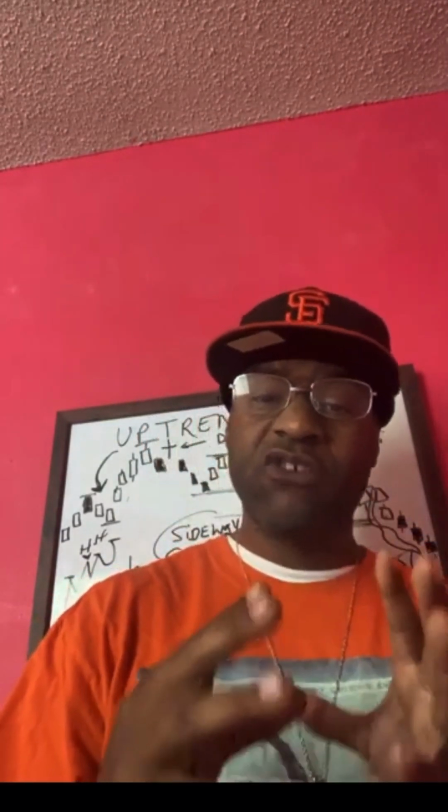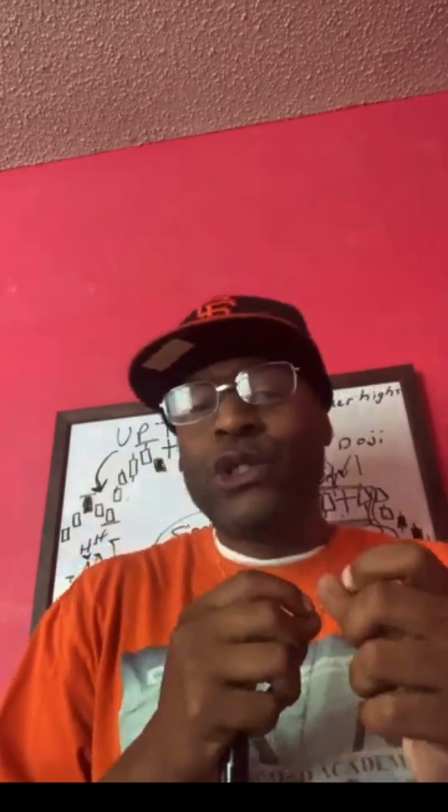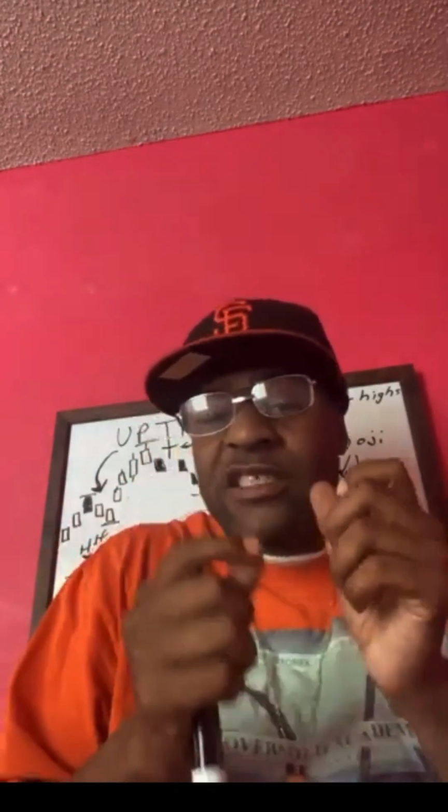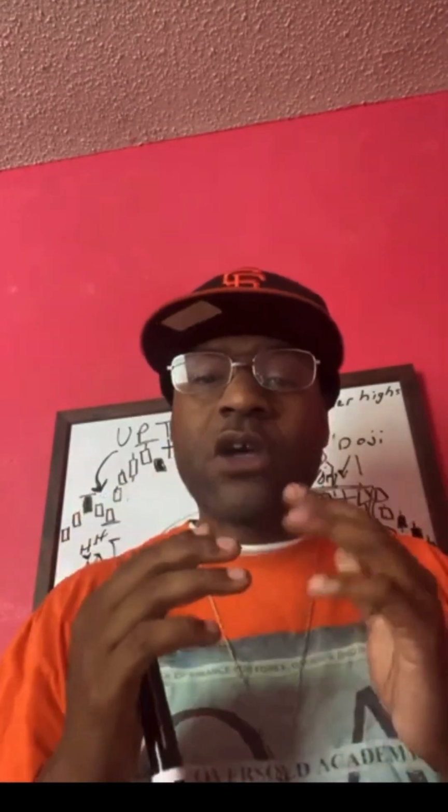On Wednesday, it closed at $60. You know what I mean? On Thursday, it closed at $55. On Friday, it closed again at $60. That's a consolidation phase, meaning the stock didn't do much. You with me? It didn't really go anywhere. It just consolidated. You with me? That's called sideways trading or a consolidation phase or period.